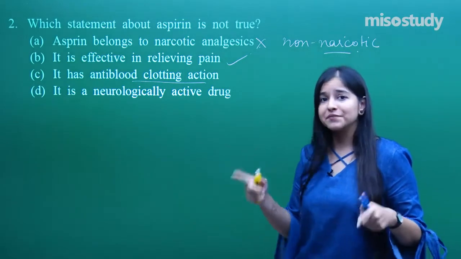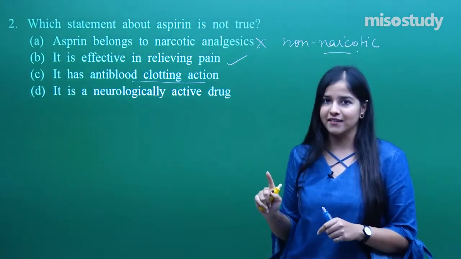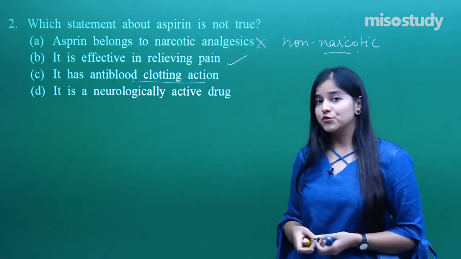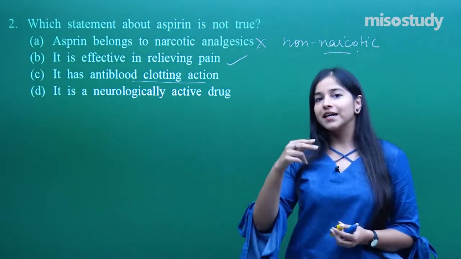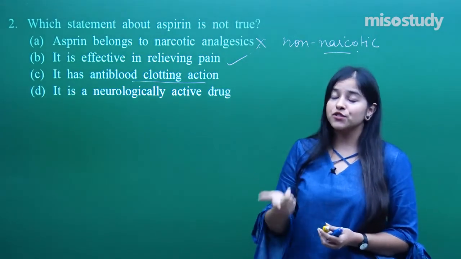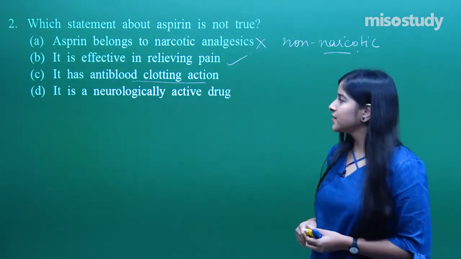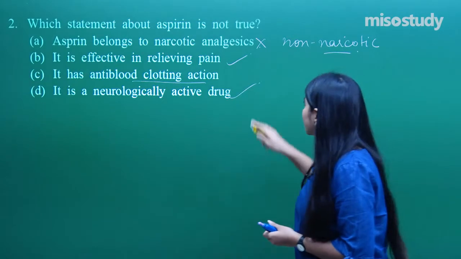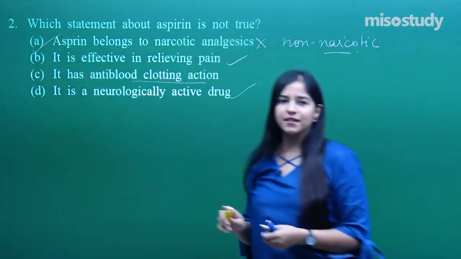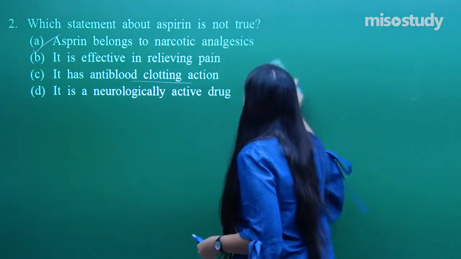These medicines just cut out the signals, they don't heal the area. That is what painkillers do. So it is a neurologically active drug, and another class of neurologically active drugs, can you remember? It is tranquilizers. So this option is also correct. We have A as the correct answer. Clear? Now let's move on further.